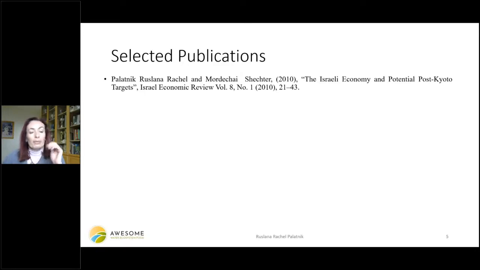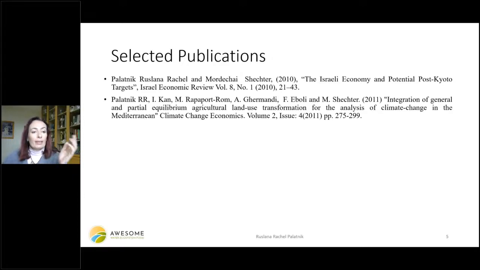In this paper, we analyze the economy-wide potential for Israel to meet Kyoto targets. Then, together with partners from Finland, we analyze the integration of general and partial equilibrium in agricultural land use transformation for the analysis of climate change in the Mediterranean.